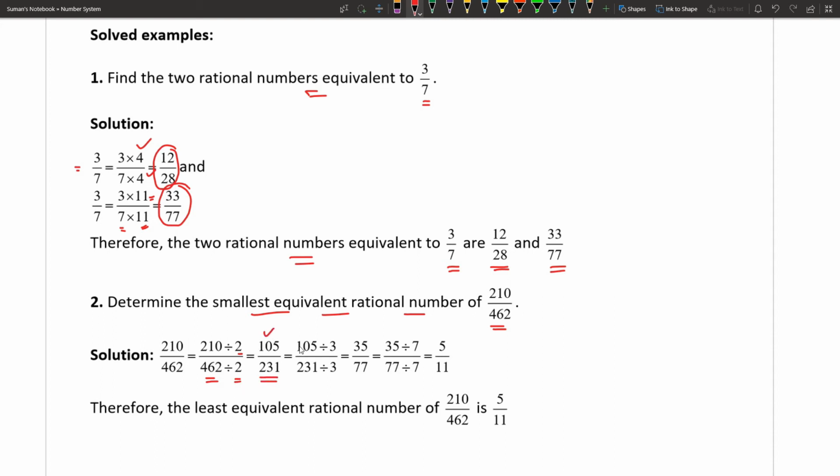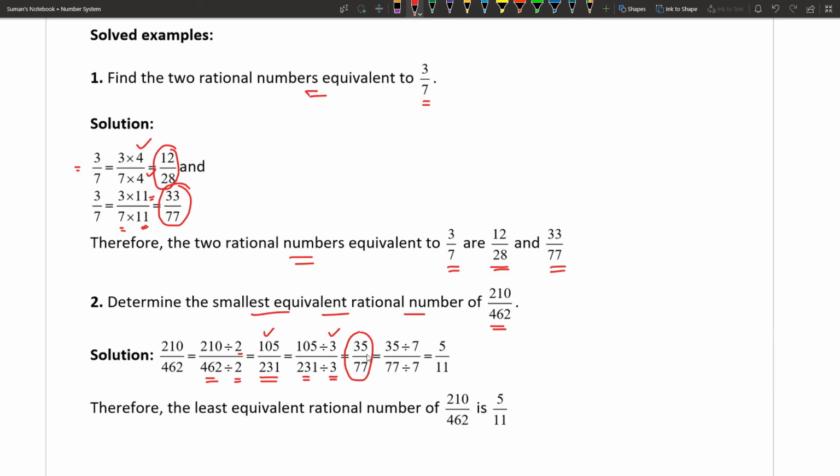Now once again 105 can be divided by 3, and the denominator 231 can be divided by the same value, 3. After dividing the numerator and denominator by 3, we get the rational number 35 upon 77.